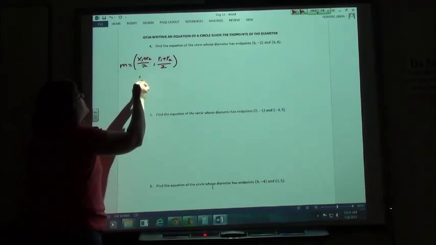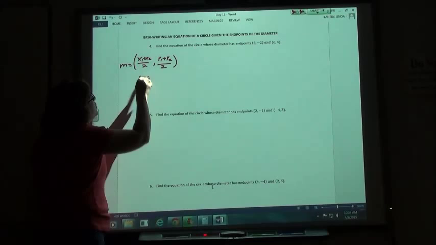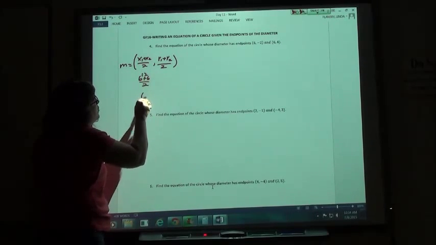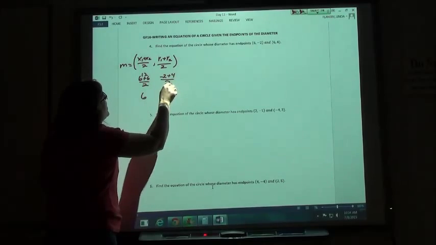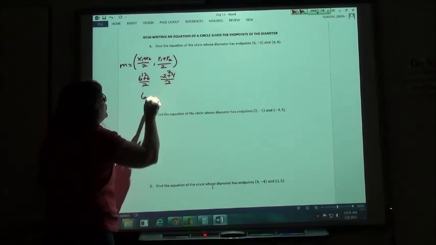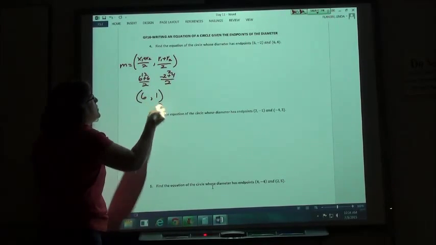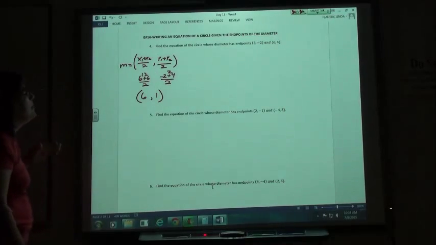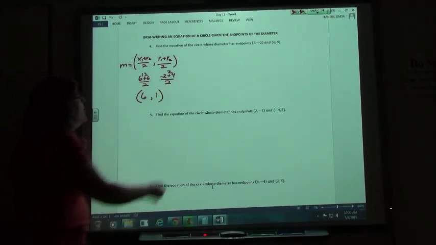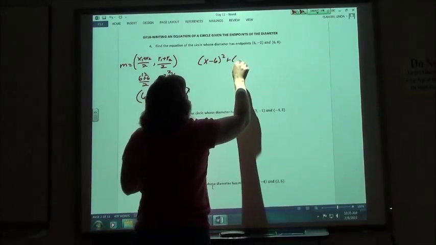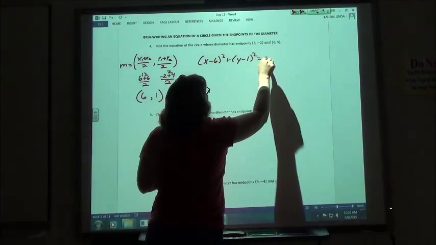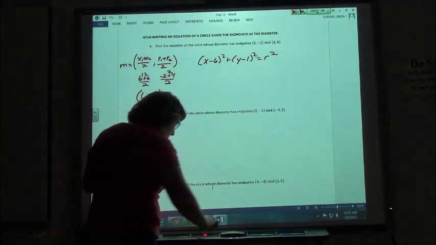So 6 plus 6 divided by 2, 12 divided by 2 is 6. Negative 2 plus 4 divided by 2 would give me 2 over 2, which is 1. So 6, 1 is going to be the center of my circle. So now I can say that x minus 6 squared plus y minus 1 squared equals my radius squared.